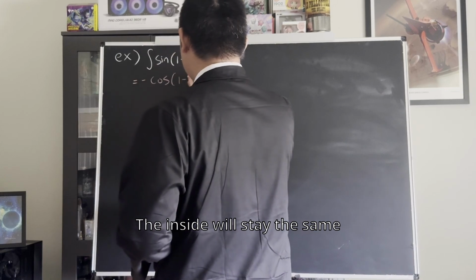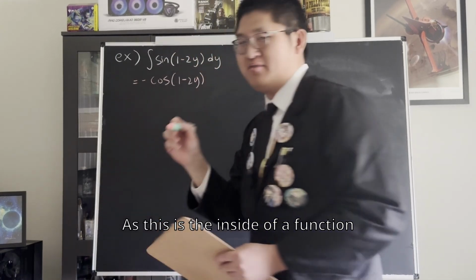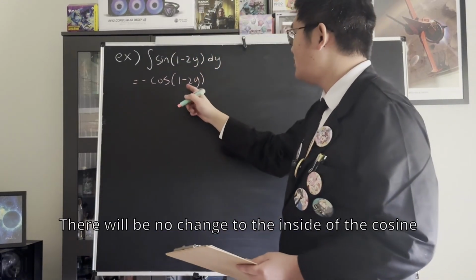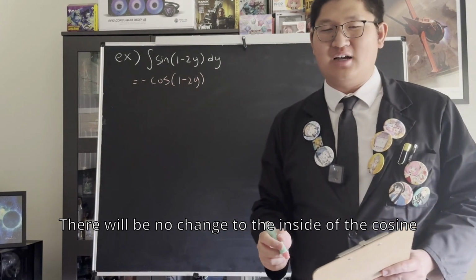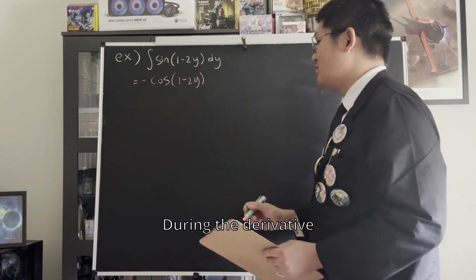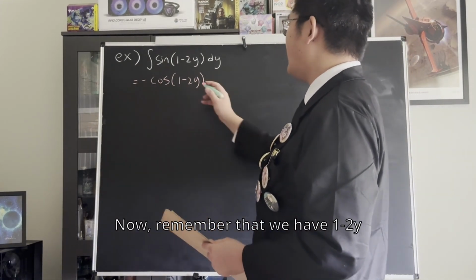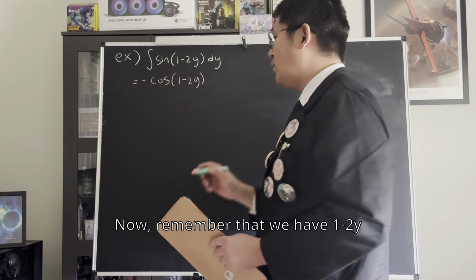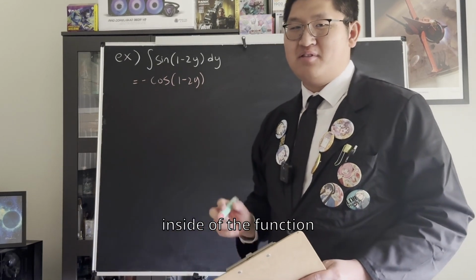The inside will stay the same, as this is the inside of a function. There will be no change to the inside of the cosine during the derivative. Now, remember that we have 1 minus 2y inside of the function.